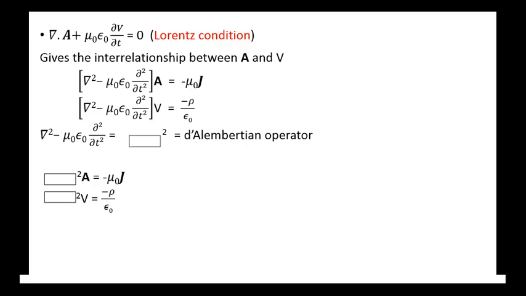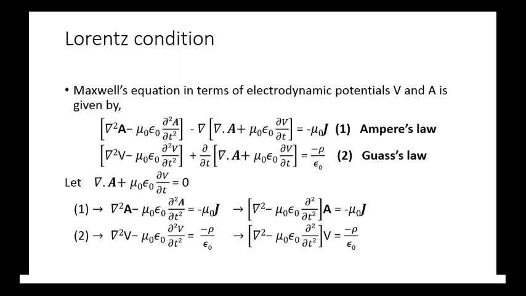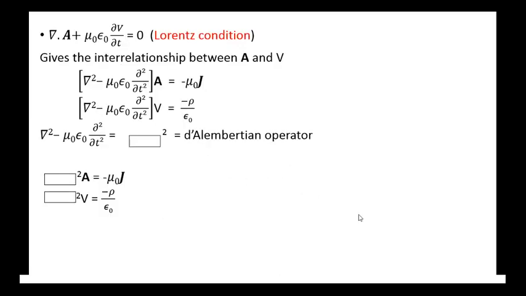So, in this Lorenz condition, we had substituted the Lorenz condition in the Maxwell's equations of Ampere's law and Gauss law, and we simplified it as box A is equal to minus mu 0 J and box V is equal to minus rho by epsilon 0.